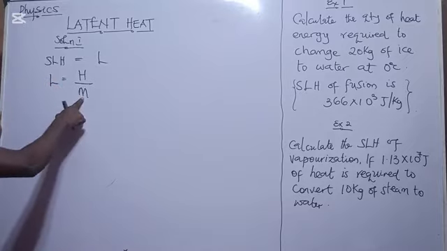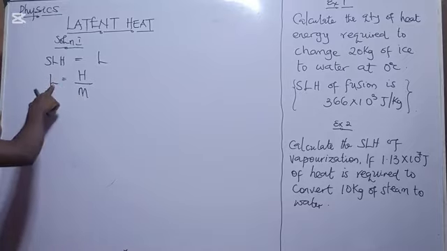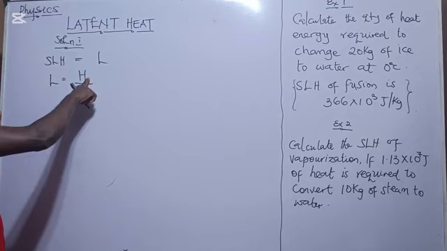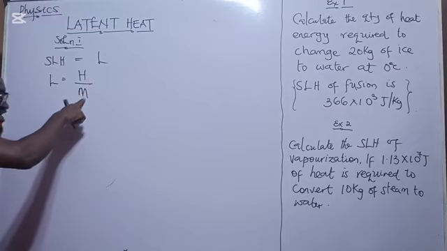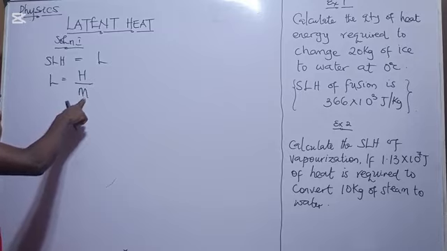So specific latent heat L is equal to the quantity of heat required to change this unit mass from one form to another.